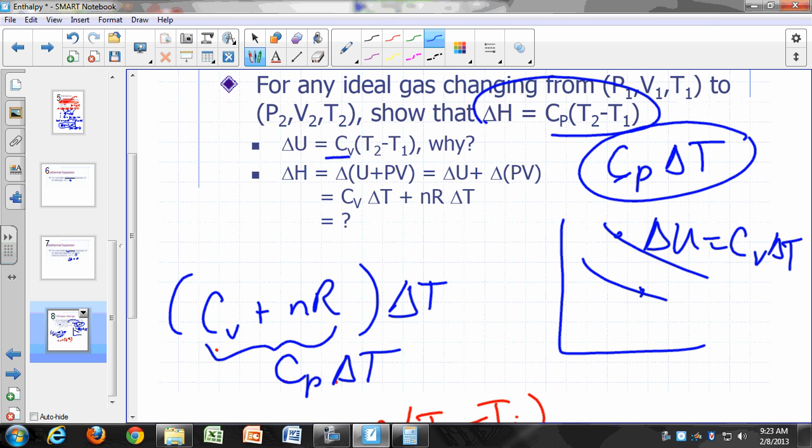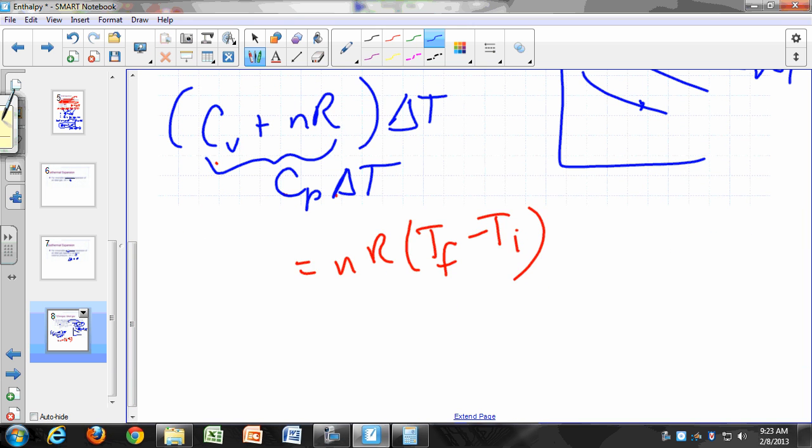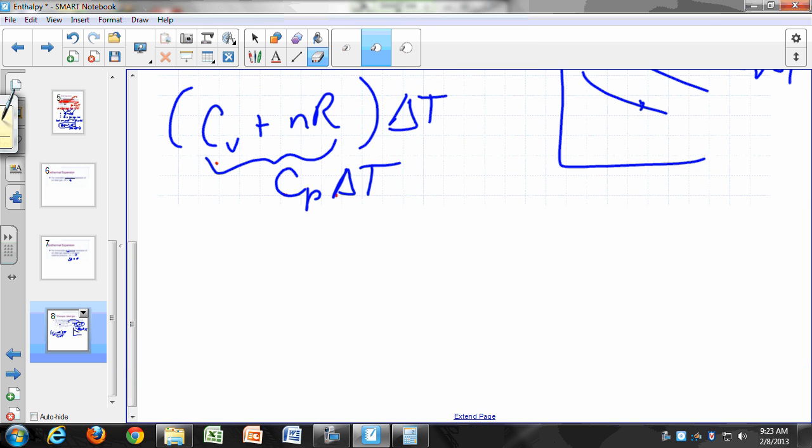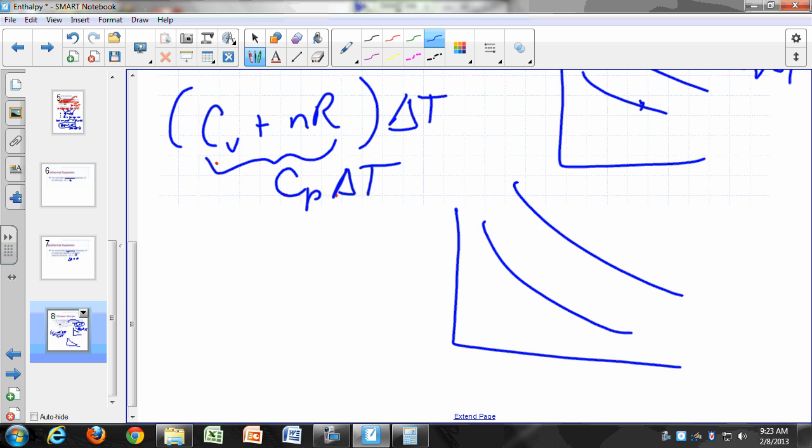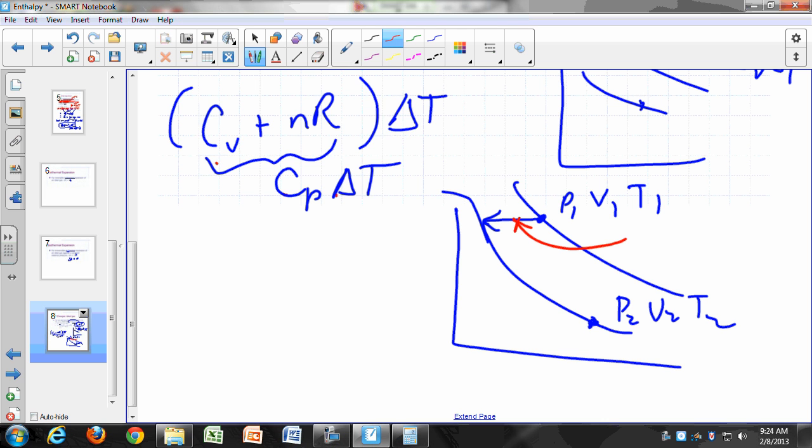Here's another way of looking at it on a PV diagram. Okay. So let's say you have P1, V1, T1 here. And let's pick P2, V2, T2 over here. You can pick any point you want. The idea here is this. You go isobaric first. So delta H for this is equal to Q, right?